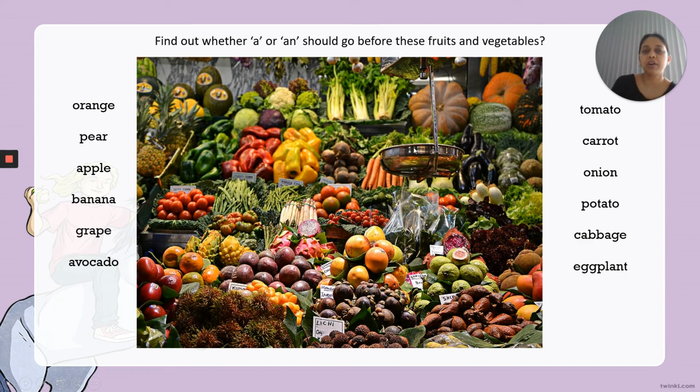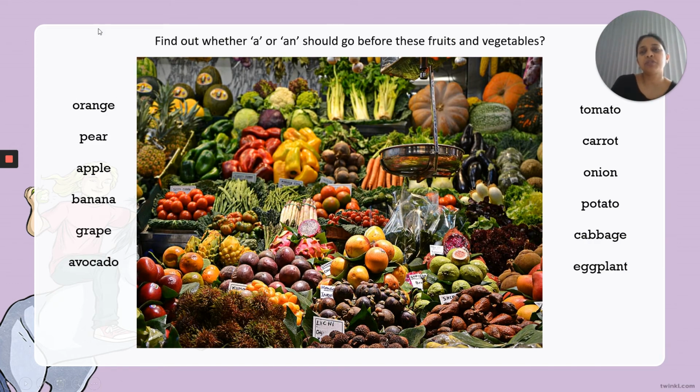So if you go to a market and this is the picture that you see, and you want to buy fruits and vegetables, I would say I would like an orange. So the first one would be an, because orange starts with a vowel, which is the O. So it will have an as an article.